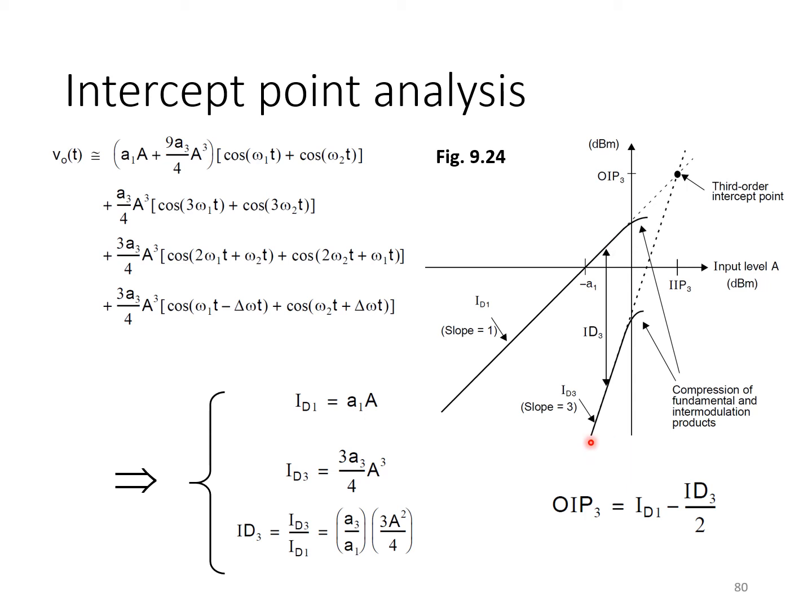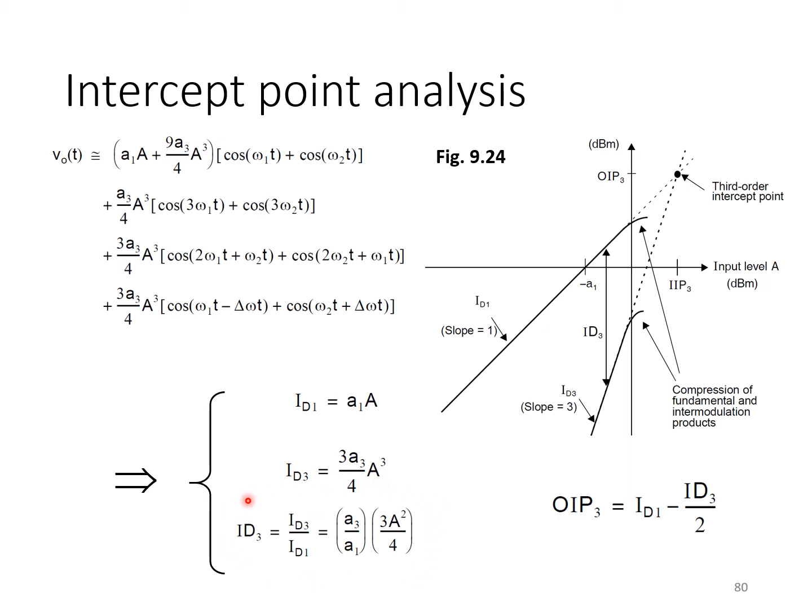However, the third order terms, again, these are the third order harmonics for single tone input or the intermodulation products as shown over here, for a two-tone input, those will increase in proportion to A cubed, and that will show up with a slope of 3 on a log-log scale. So the difference between these two plots is a measure of HD3 for a single tone input, or what we'll label ID3 for a two-tone input.